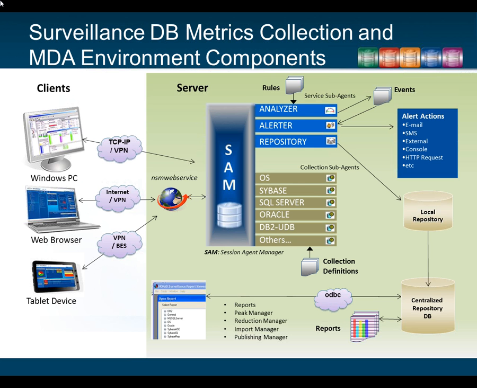In addition to client-invoked collections, the repository service subagent will, based on user-defined collection rules, periodically collect and store information to the local data store for real-time analysis and to a central repository for historical analysis and reporting. The user-defined collection rules determine what metrics are collected and stored and how often.